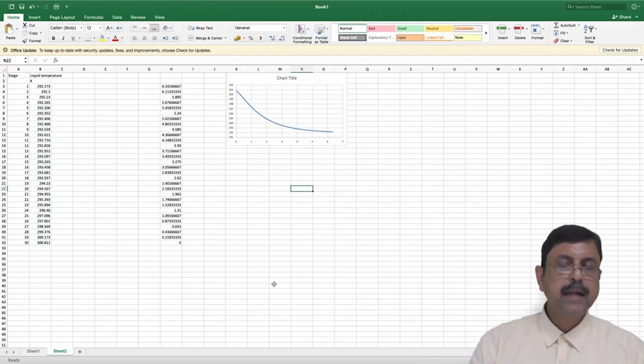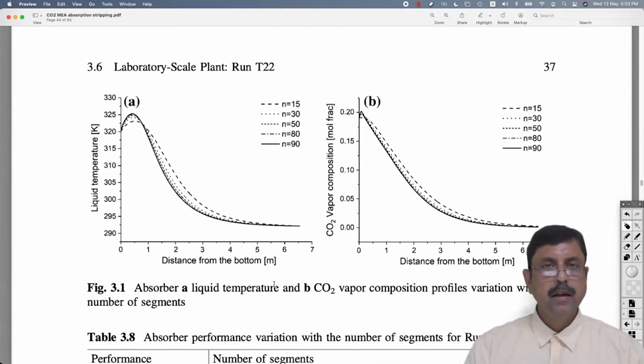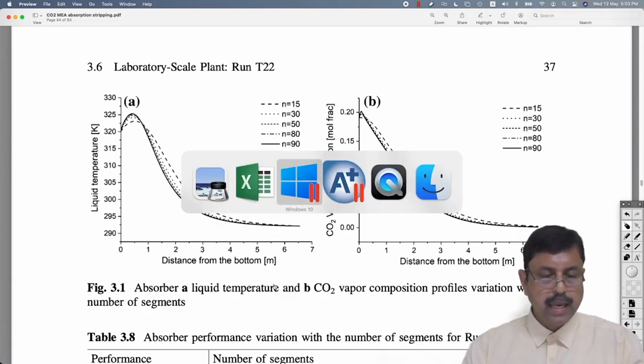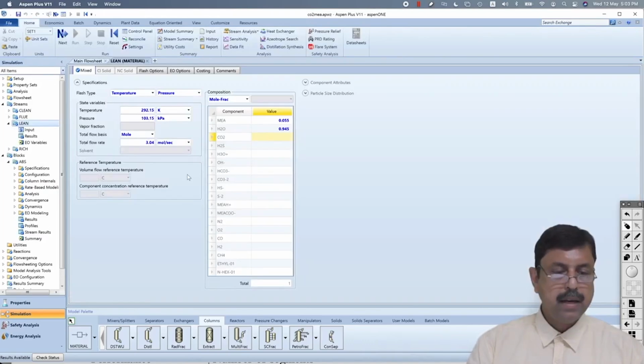Okay, now this particular graph is not looking like this one. Why? Because we have got the lean amine flow as 3.04. Now if we run it once again with 2.04, okay, it has converged.